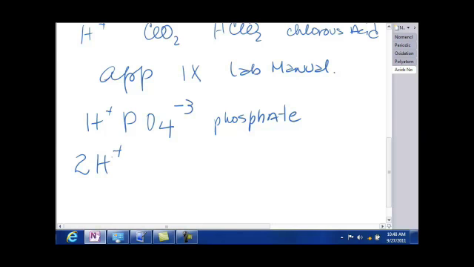So when I combine an H plus with a PO4 minus 3, plus 1 minus 3 gives me minus 2. So this is a new polyatomic ion, HPO4, and it's no longer going to be a minus 3, it's a what? Minus 2. Okay, so these are going to be new polyatomic ions.